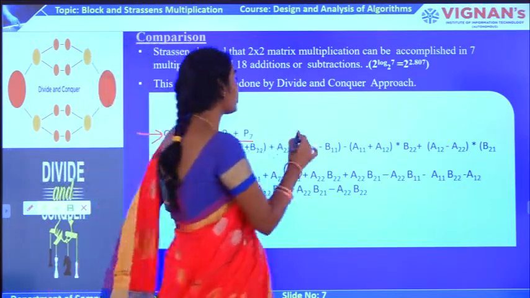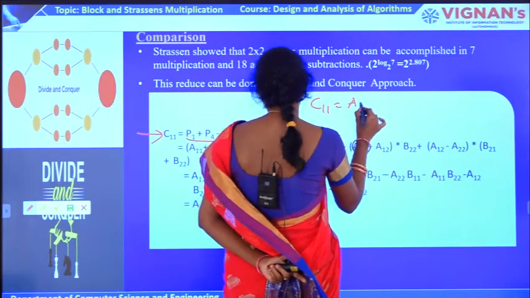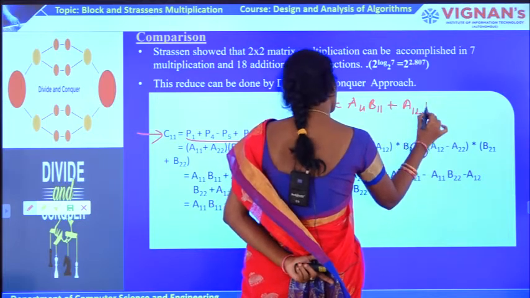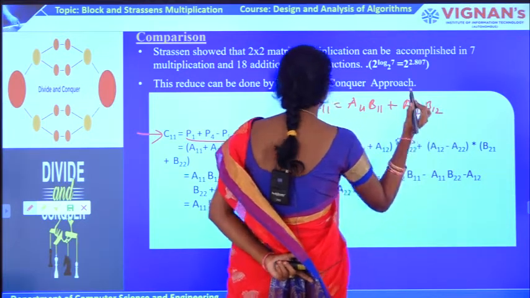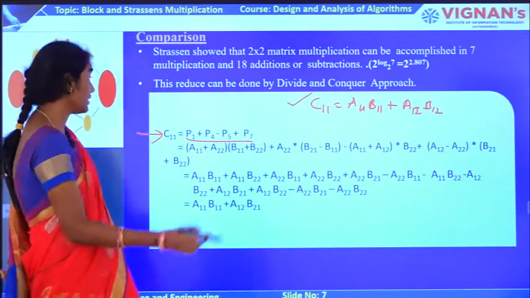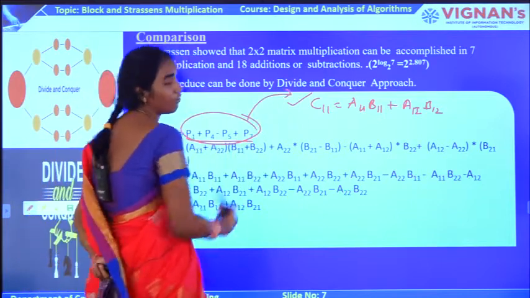Whereas according to block matrix multiplication, C11 is equal to A11 into B11 plus A12 into B21, which will yield us C11 finally. Now we will see whether this gives us the same answer or not.